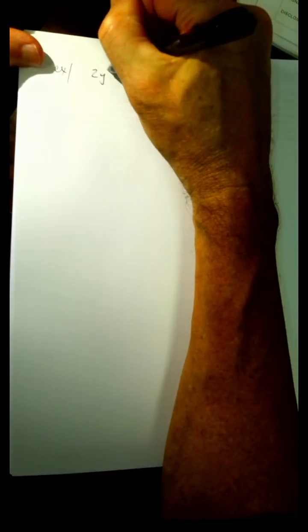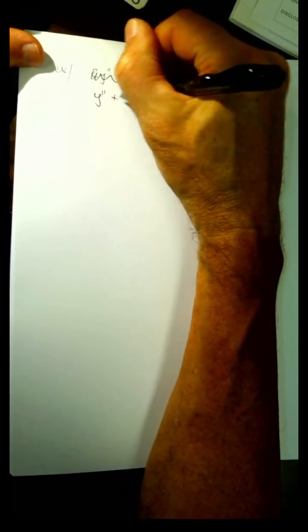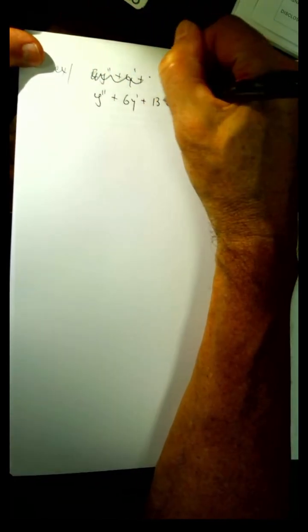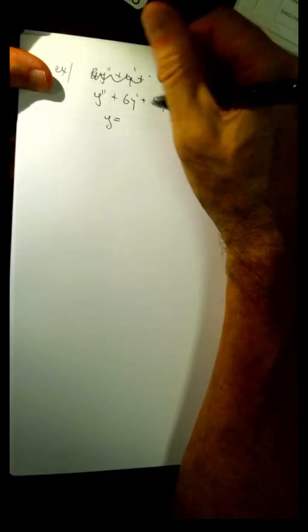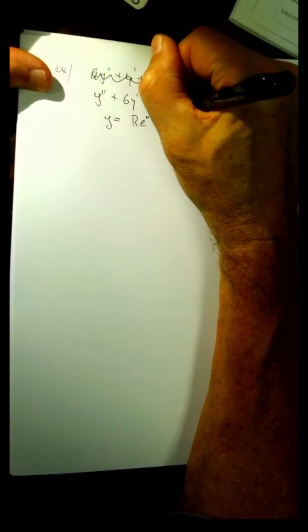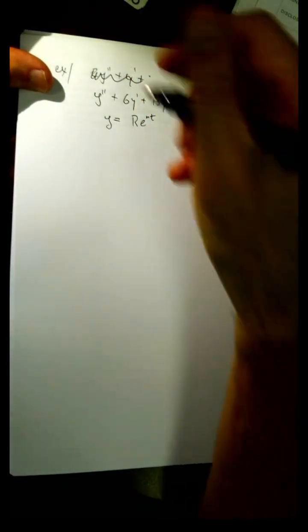So in this example, we have 2y double prime plus y prime. Oops, sorry, that was the previous example. I meant to say y double prime plus 6y prime plus 13y is 0. It's constant coefficient, it's linear, it's homogeneous. So I'm going to assume a solution like this.